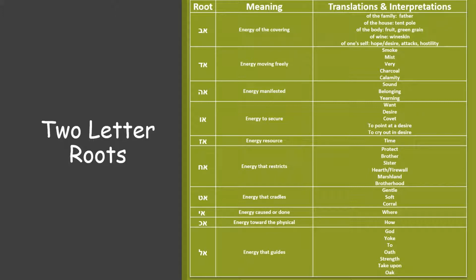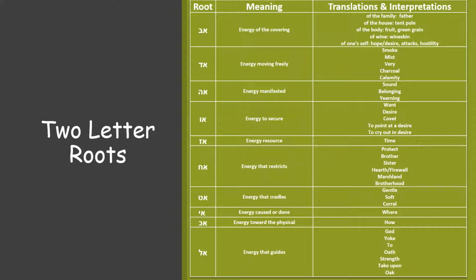Aleph Chet is energy that restricts, protect, brother, sister, hearth or firewall, marshland, brotherhood. Energy that cradles is Aleph Tet, and it is gentle, soft, coral. Aleph Yud is energy caused or done, which means where.